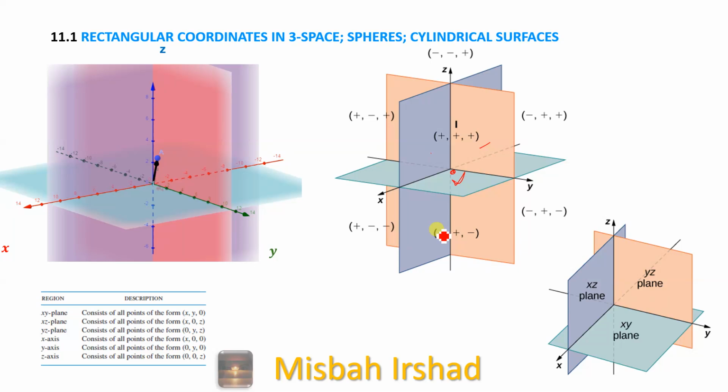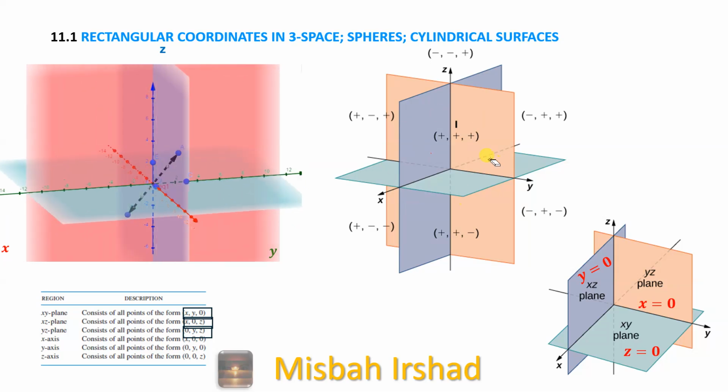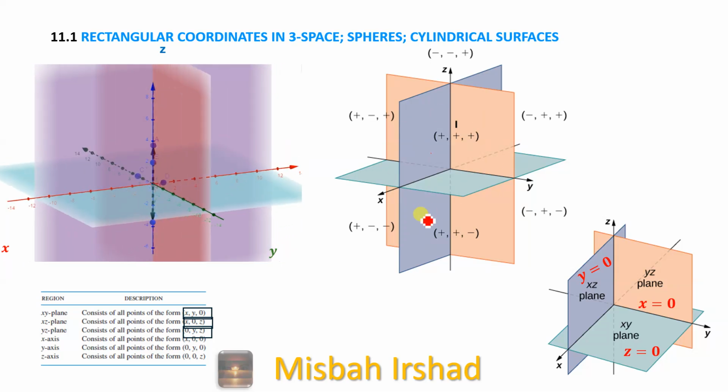On the xy plane, every point has z coordinate equal to 0. So the equation of the xy plane would be z = 0. The equation of the xz plane would be y = 0. And the equation of the yz plane would be x = 0. These 8 equal parts are called octants.